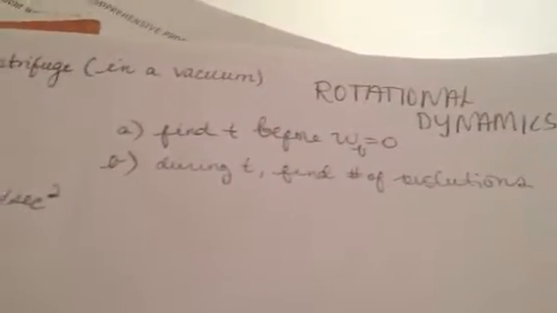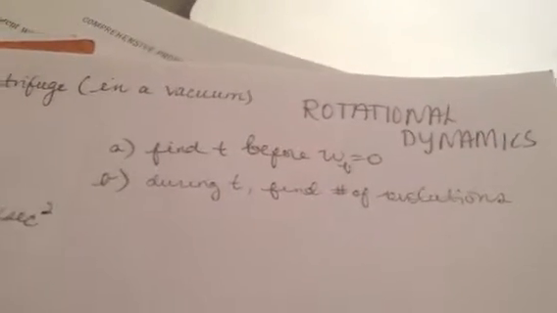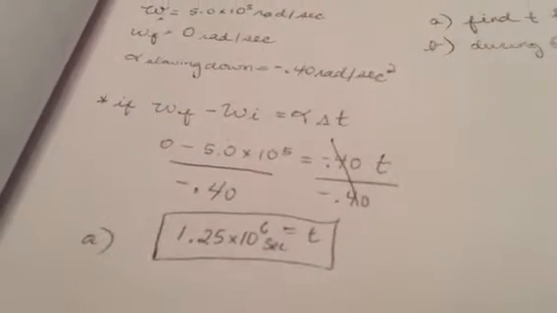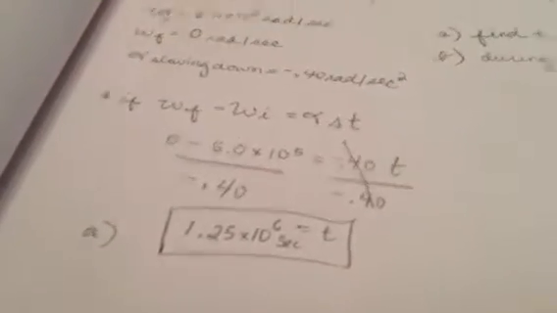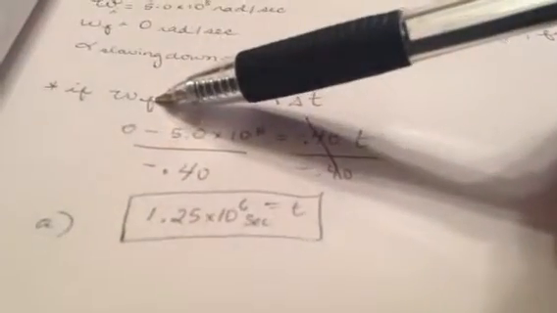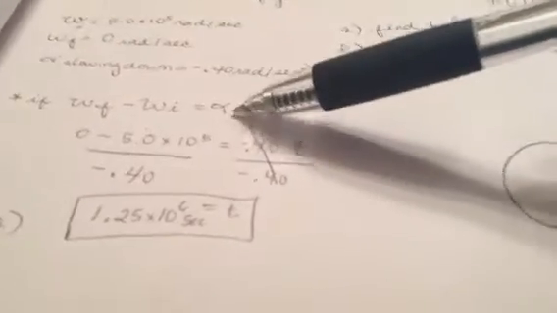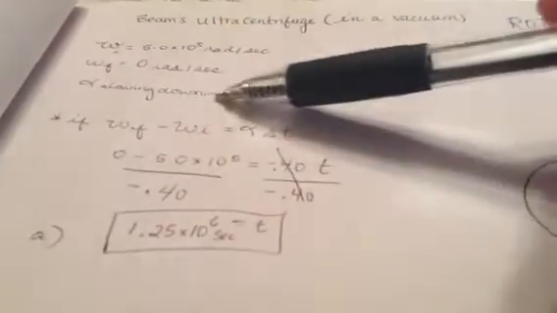So the question is asking to find the time when the angular velocity is equal to 0. So find the time it takes for it to stop. To find that, we use the kinematic equation: the final angular velocity minus the initial angular velocity equals angular acceleration times change in time. 0 minus the value we're given equals another value we're given times time.